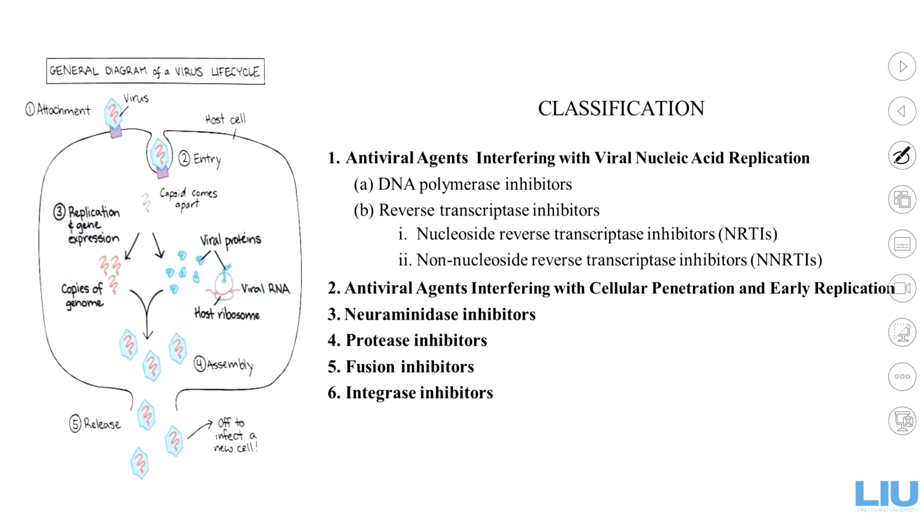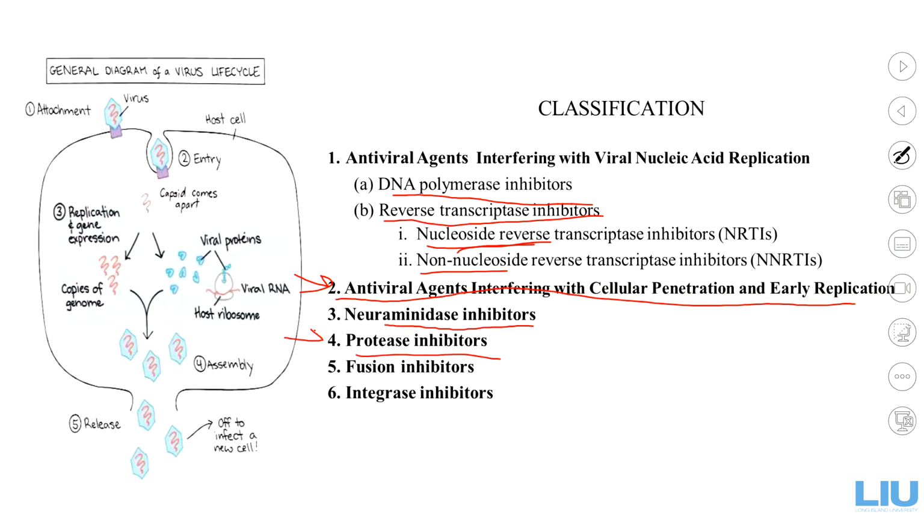Okay, so this is a review for the mechanisms of action. We've seen those already. Some of them act on the DNA polymerase, others act as reverse transcriptase inhibitors, which are of two kinds, the nucleoside and non-nucleoside. And then we have those that affect penetration, such as interferons. So interferons belong here. And then we have neuraminidase inhibitors and protease inhibitors.